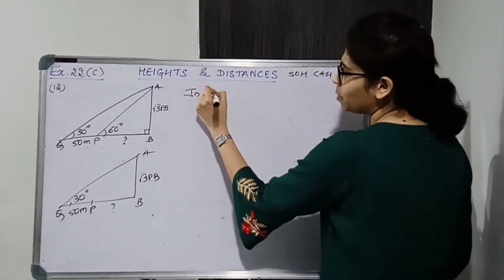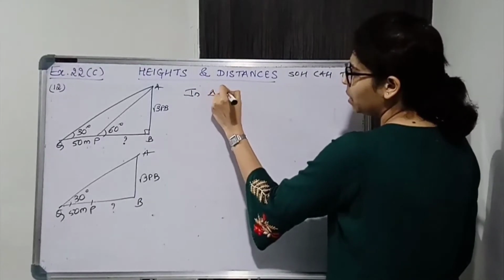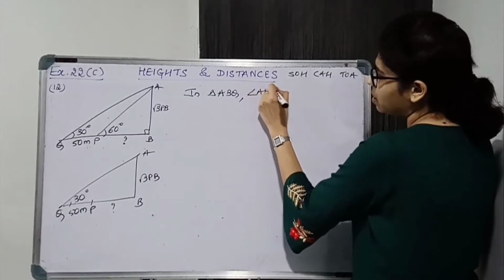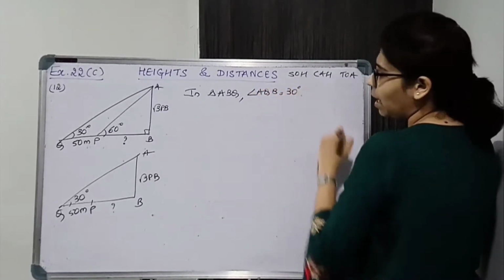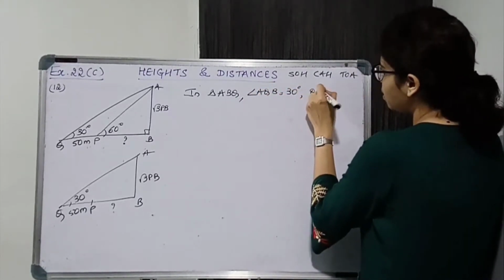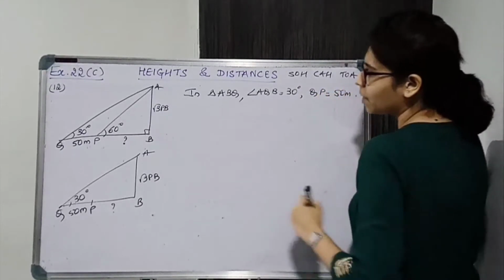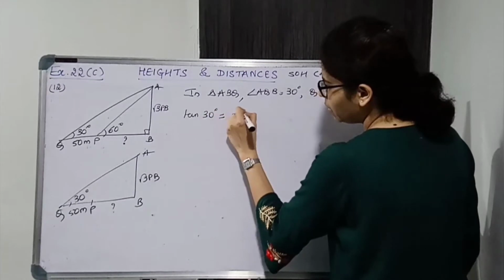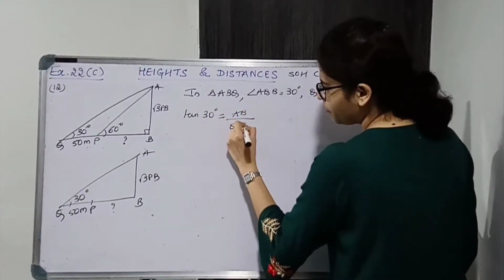First write down the given information. Triangle ABQ, angle AQB is 30 degrees and QP is equal to 50 meters. ठीक है, now we'll take tan 30, so it is equal to AB upon QB.